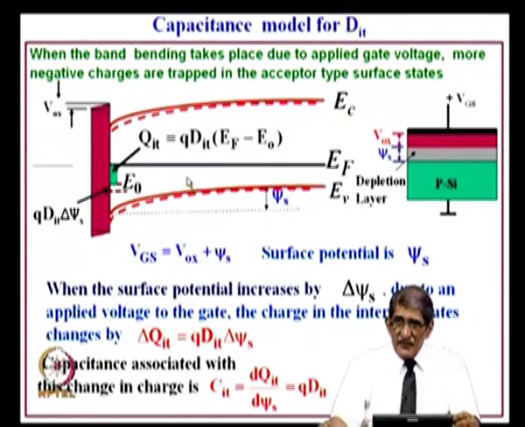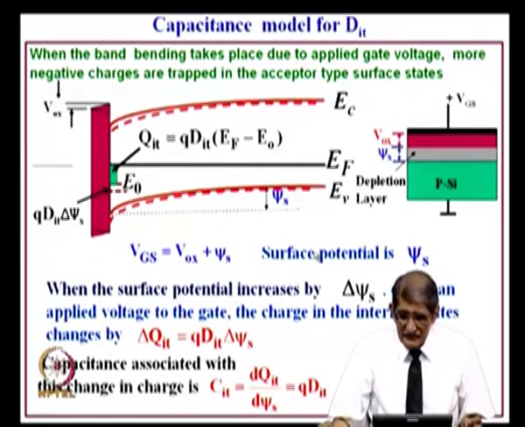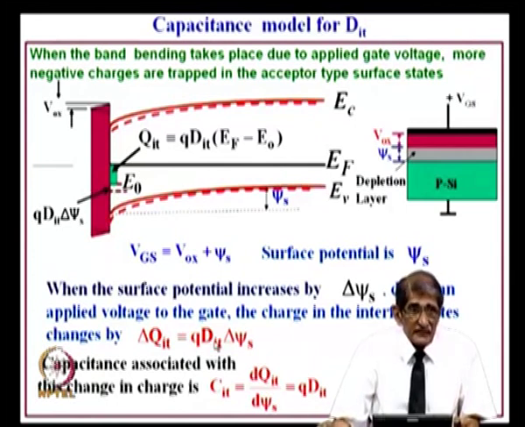So, there are two things happening: delta q in the gate has increased, delta q in the interface state density has increased by Q dit into the shift in position delta psi of s, and the charge here is shifted by whatever original charge was there, delta q d.